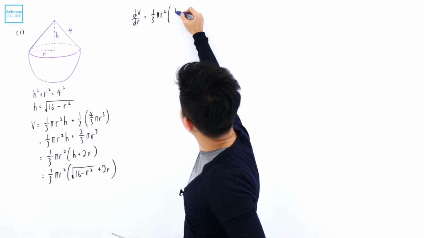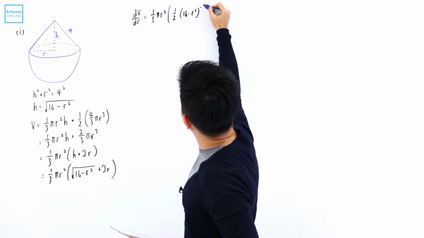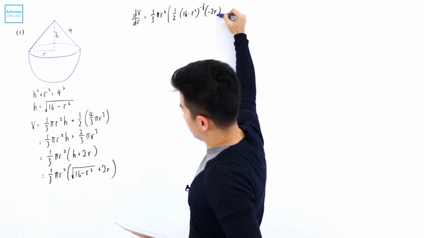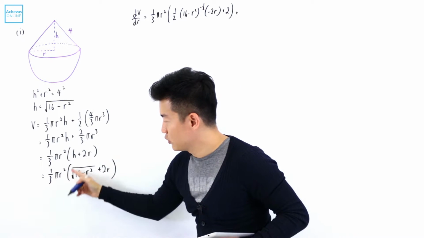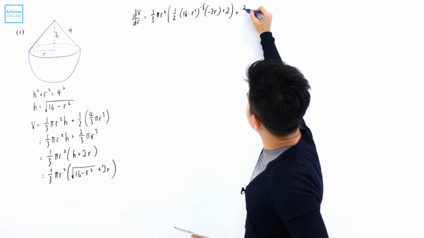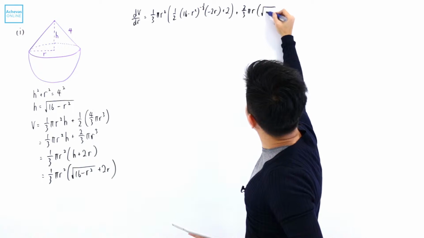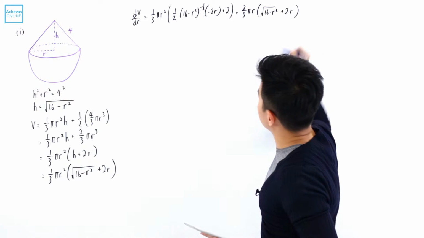This is equal to half of (16 minus r²) to the power of minus half, times (minus 2r), plus 2. Then I'm going to differentiate this, which is going to be 2 over 3πr, times the square root of 16 minus r², plus 2r.